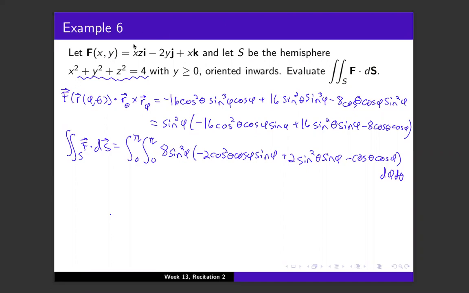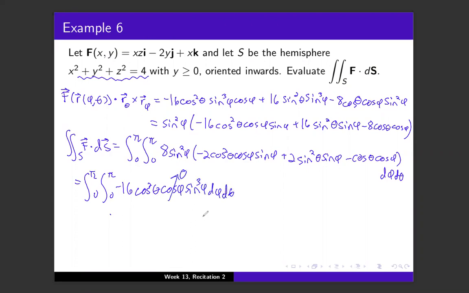It'll turn out that the integral from 0 to pi, integral from 0 to pi, negative 16 cosine squared theta cosine phi sine cubed phi d theta.